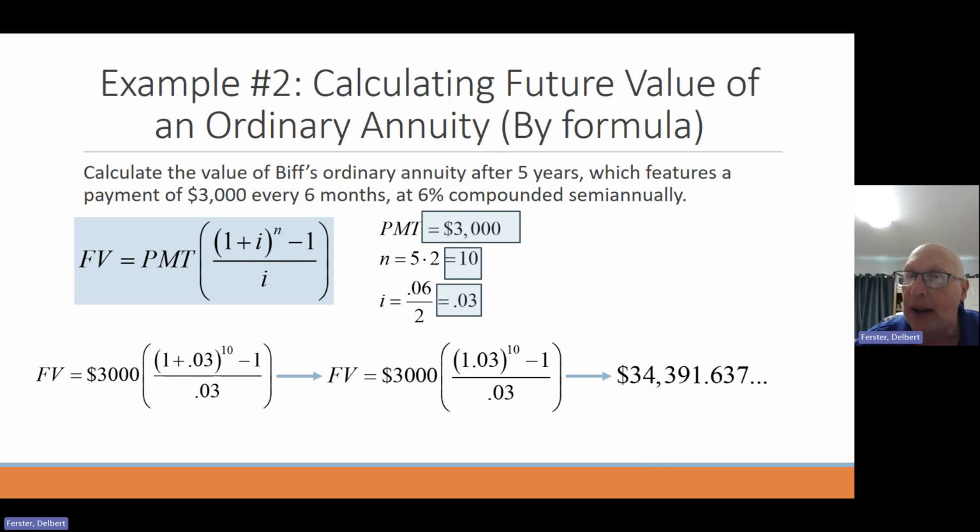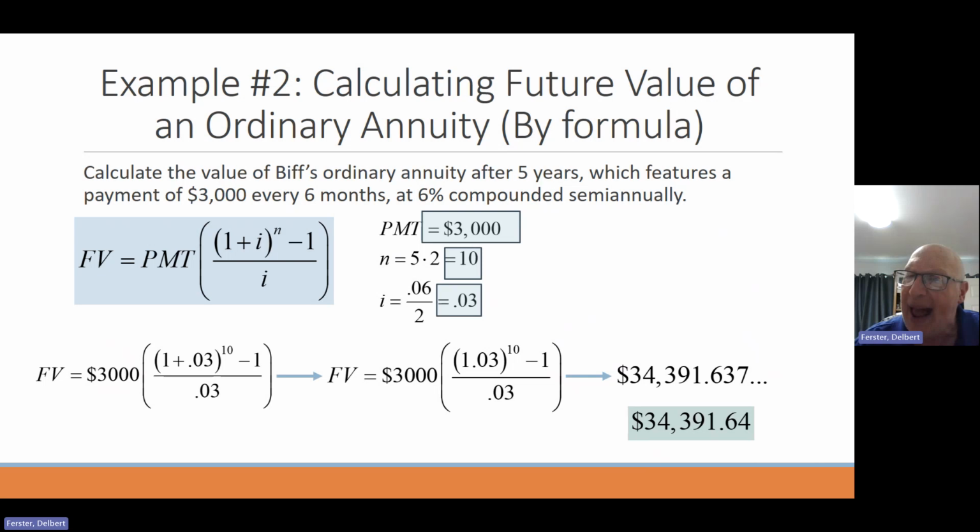You've done the problem correctly. And you know that at the end of the 5-year span, he's invested $3,000 every 6 months. And the worth of his annuity is $34,391. Let's make it 64 cents, if you will. So a little different on N than what we did previously.